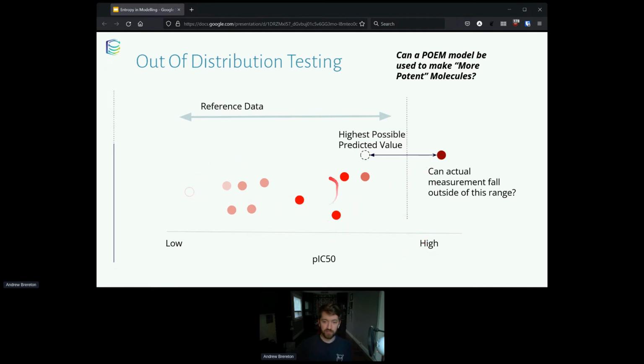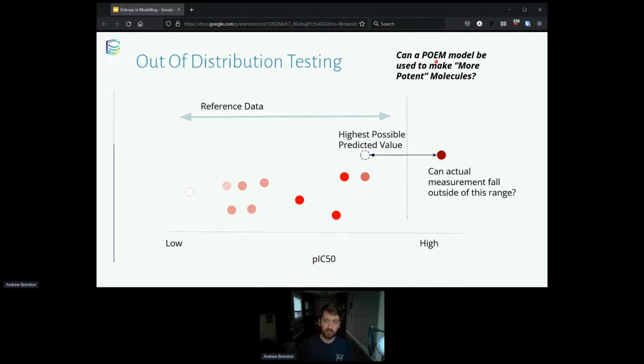Here we've got the reference data, which falls along this range. Now, let's say we have a new molecule that we want to predict, but the actual measured value of this exceeds any of the values in the reference data. This point here represents the highest value that could actually come out of the model in terms of a prediction.